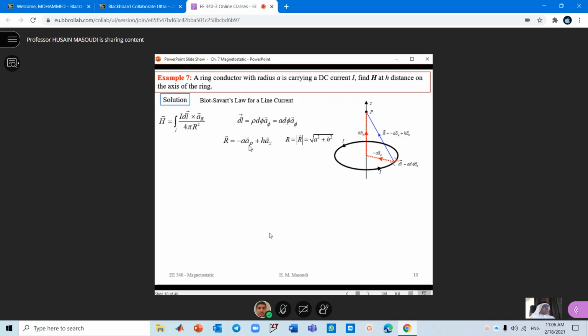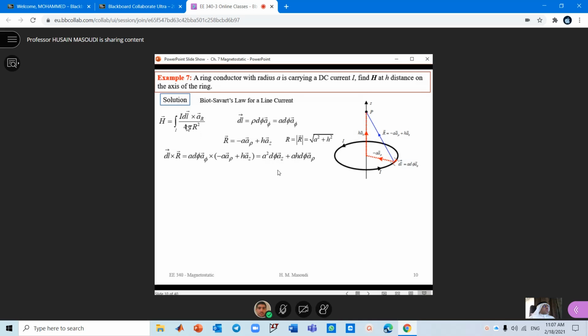The cross product between unit vectors gives minus az. Minus az. And then a-phi cross with az will be a-rho. A-rho, exactly. So the final result here has a squared, because I have a squared, and there is a minus sign from the cross product. So this becomes az, and this is a-rho here. So this is now the cross product.